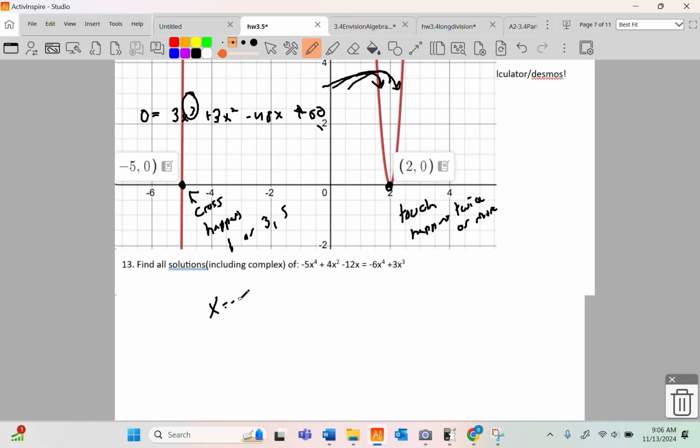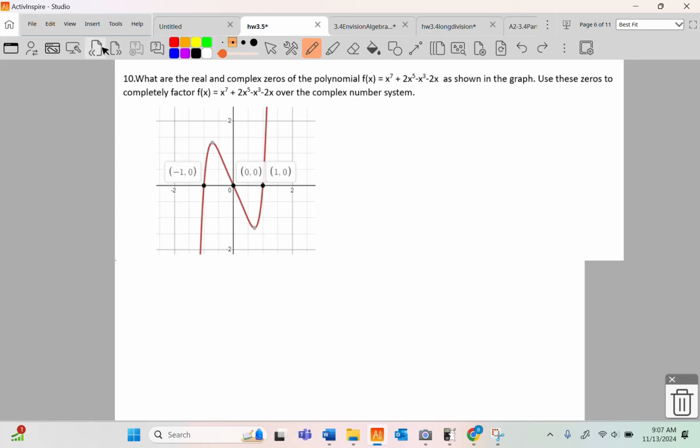So x equals negative 5 happens once, and x equals 2 has a multiplicity of 2, because 2 plus 1 is 3. So x equals negative 5 with a multiplicity of 1, x equals 2 with a multiplicity of 2. I was hoping some of these would factor, but that one did not.